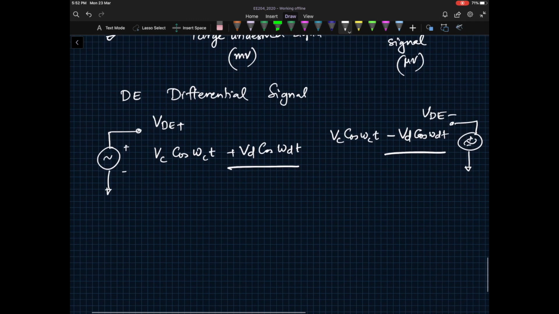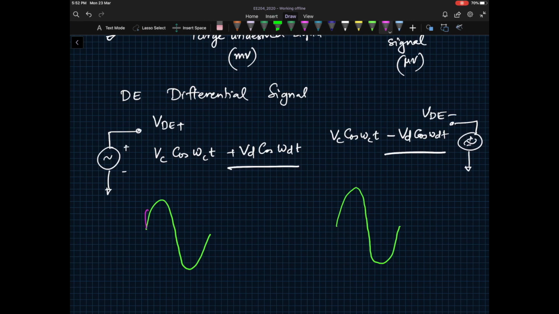When we draw the picture of this, let's look at two different frequencies. Let's say this is my VC, and then on top of that I'm going to draw my VD signal. Here it is going like this, and here it is exactly opposite.